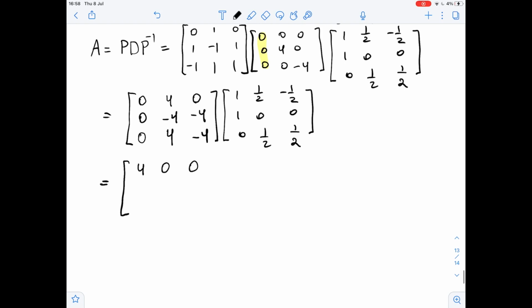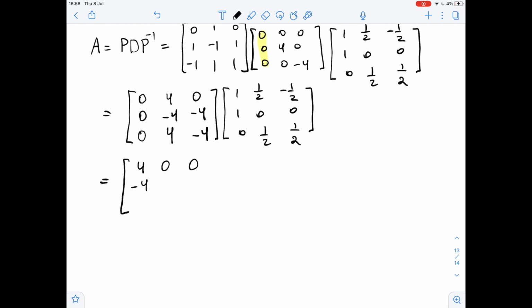Next, 0 times 1 minus 4 times 1 minus 4 times 0, so it's negative 4. Then we get 0 times 1 over 2 minus 4 times 0 and minus 4 times 1 over 2, so it's negative 2. Next we get 0 times negative 1 over 2 minus 4 times 0 minus 4 times 1 over 2, so it's negative 2 again.